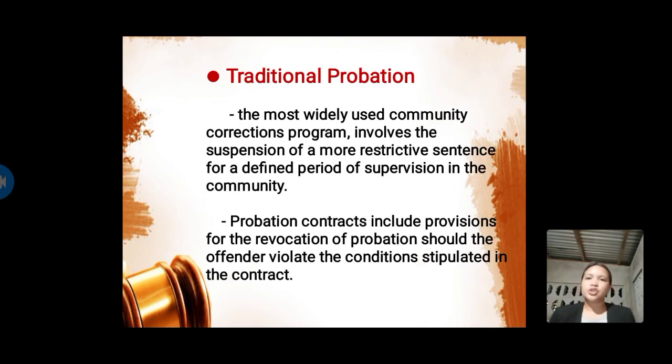So we have traditional probation, the most widely used community correction program. This involves the suspension of a more restrictive sentence for a defined period of supervision in the community. Probation contracts include provisions for the revocation of probation should the offender violate the conditions stipulated in the contract.